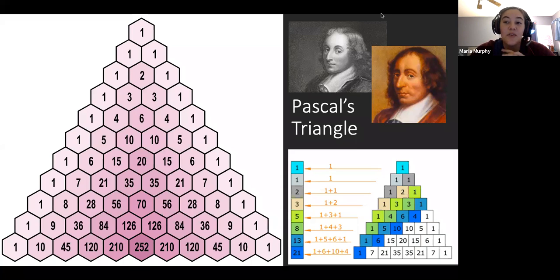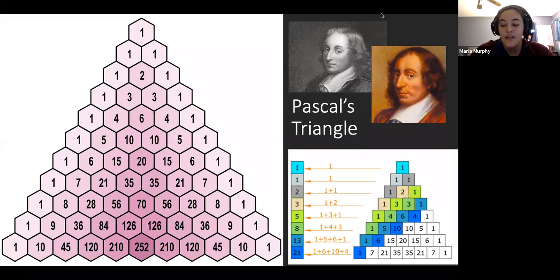He was not the one who created Pascal's triangle. Even though the triangle was named after him, there were many mathematicians before him that both knew about this triangle and studied it. And I only have a list of so many, but there's definitely way more out there.